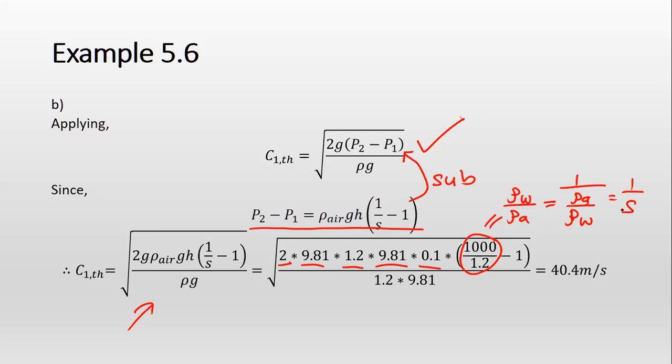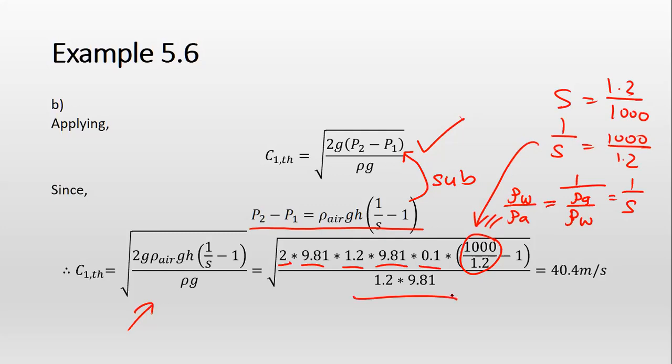If you want to work out S separately, S is 1.2 over 1000. So 1 over S is basically 1000 over 1.2, which is what you see down here. Then minus 1 over this one, and you get your final velocity.